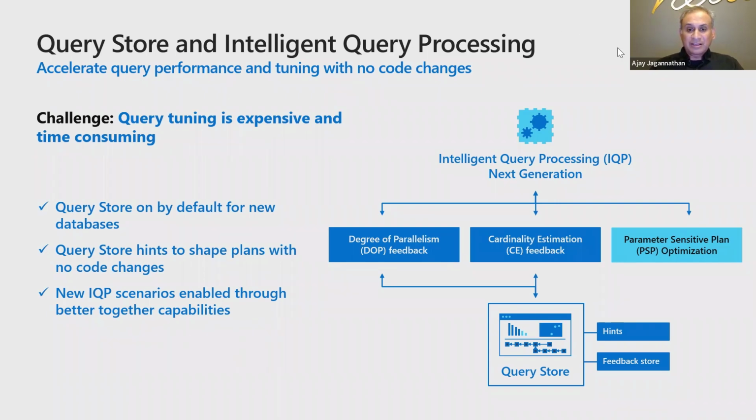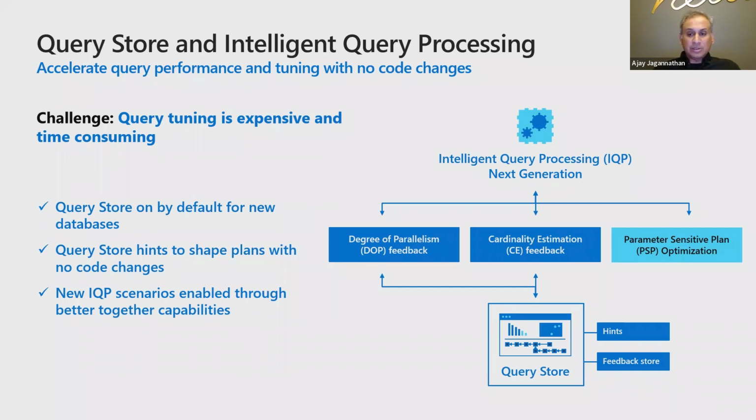And finally, one of the biggest problems we still see is parameter sniffing. With this, we are trying to basically eliminate this problem, where parameterized queries or stored procedures with parameters may cause different performance behavior, and enable queries to execute with predictable performance no matter what parameter you use.